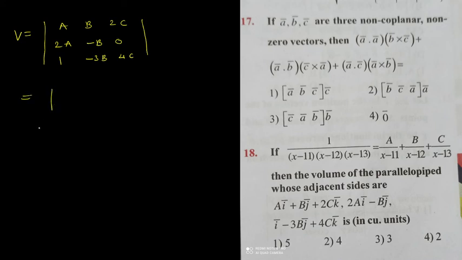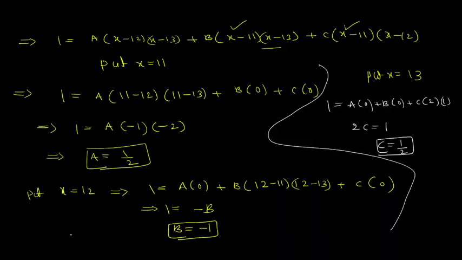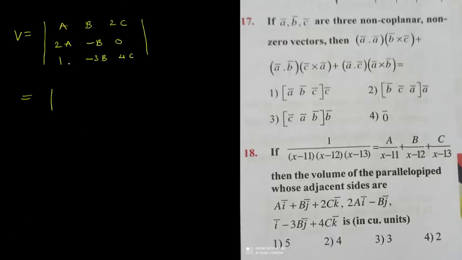Already we have the values: a is 1 by 2, b is minus 1, c is 1 by 2. Substitute. 2a: the 2 gets cancelled, this is 1.